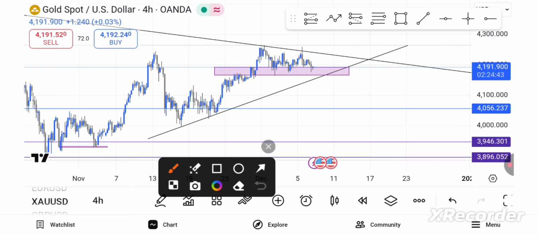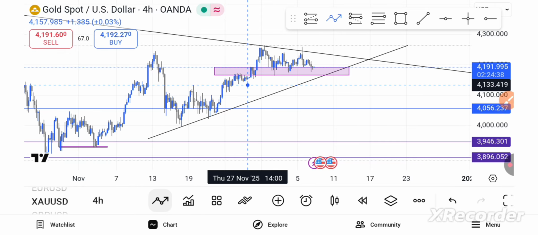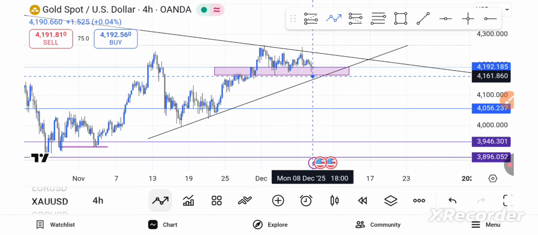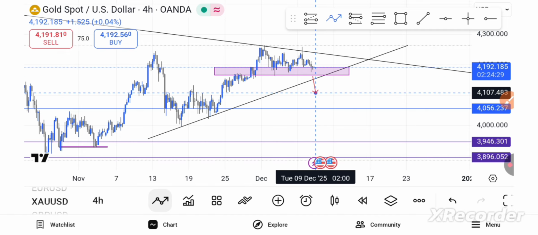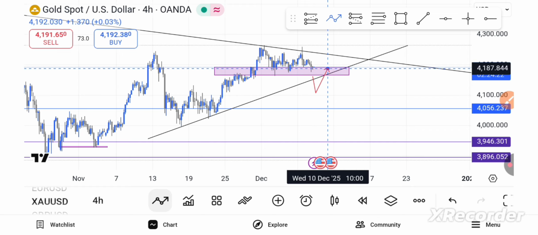So what are we doing next? We should expect the market again to break to this level, head back, and to this level. Make sense? Yes.